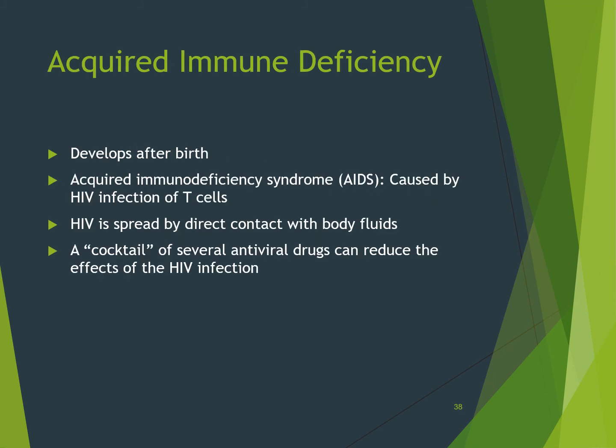Acquired immune deficiency, like the name implies, is something someone acquires or develops after birth. And an example that I'm sure you've all heard of is acquired immunodeficiency syndrome, or AIDS, which is caused by a viral infection of the T cells.